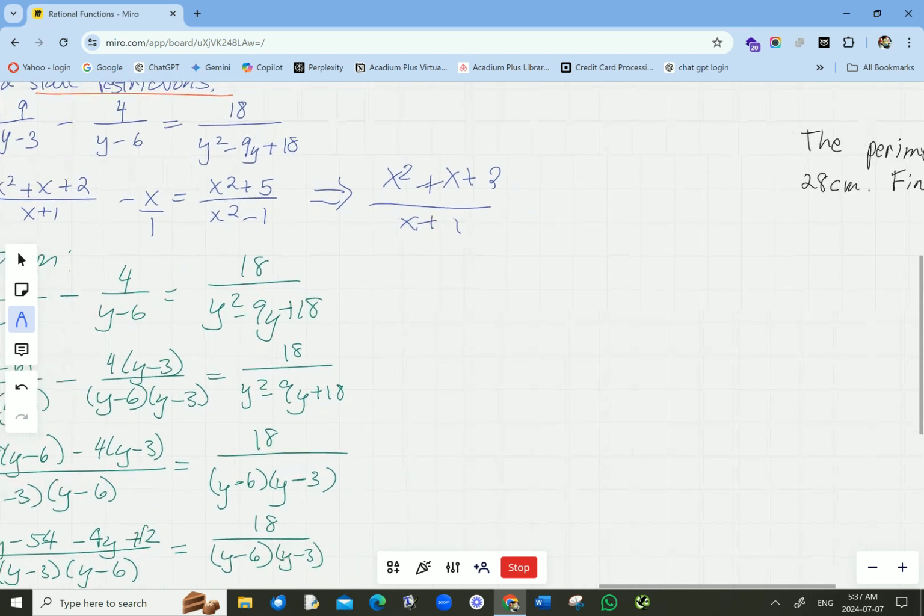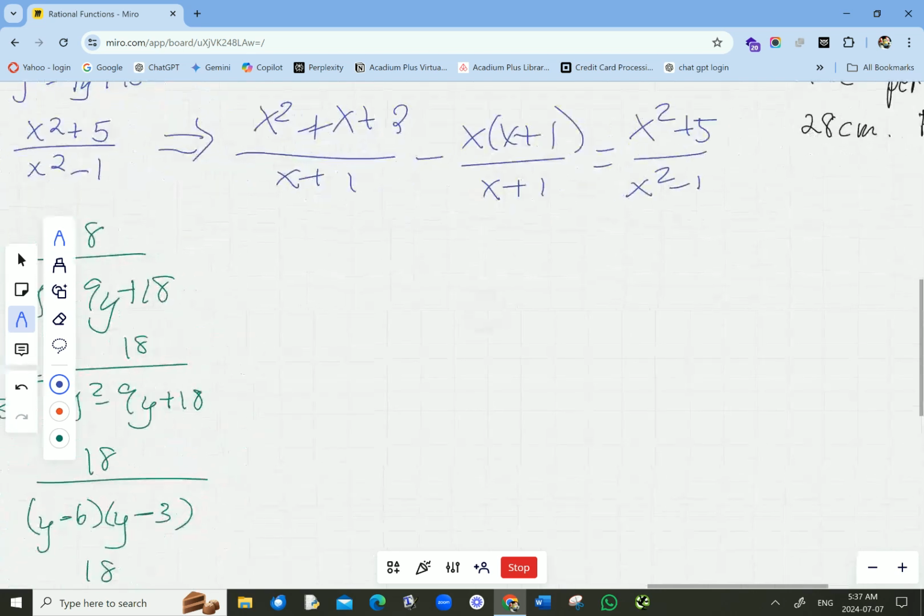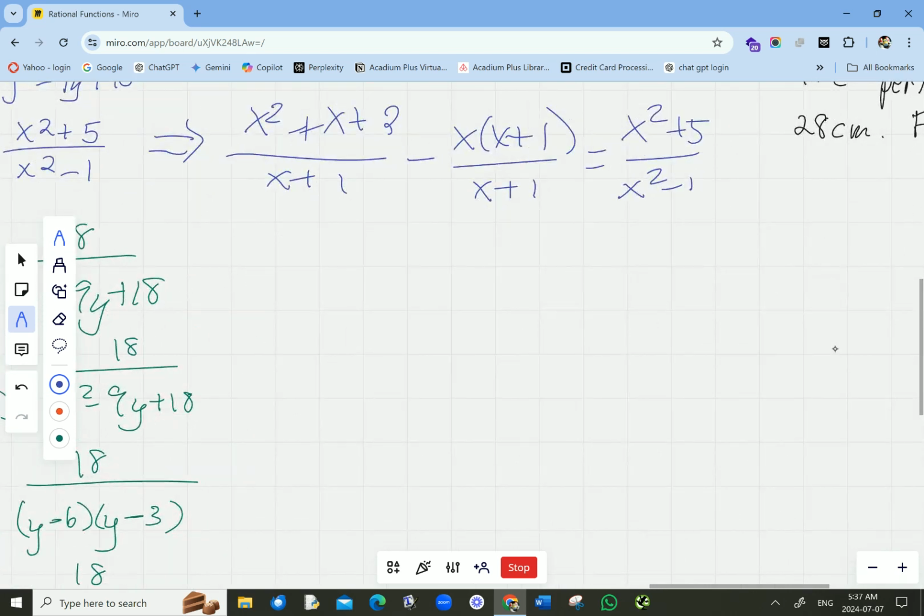I don't know if we're going to have enough space to do this question, but we'll give it a try. Whoops, not 2, but rather 1. Then we leave the right-hand side of the equal sign as is for now. Now let's subtract the numerators on the left-hand side.